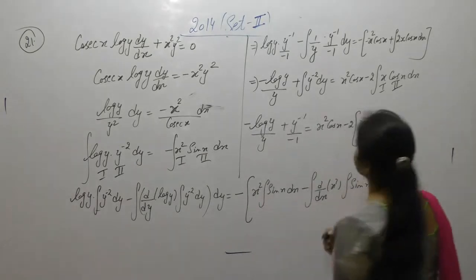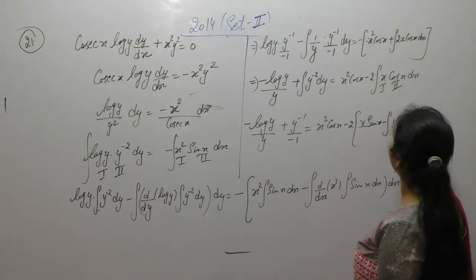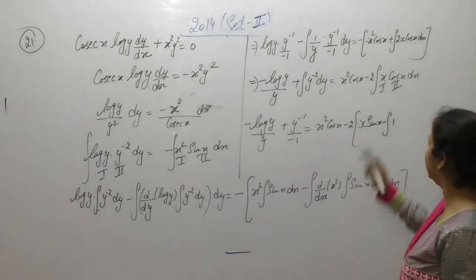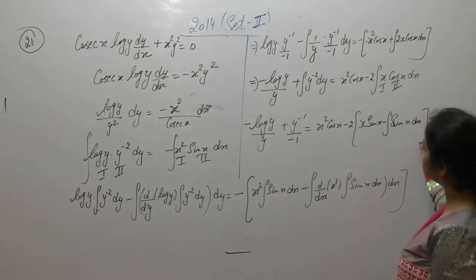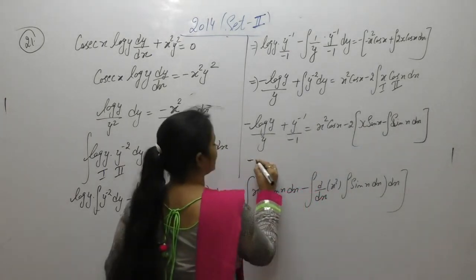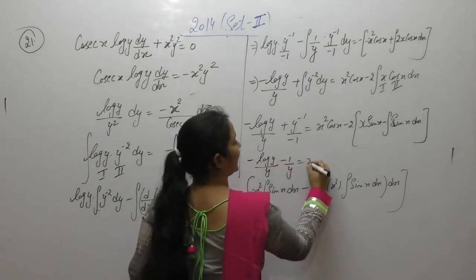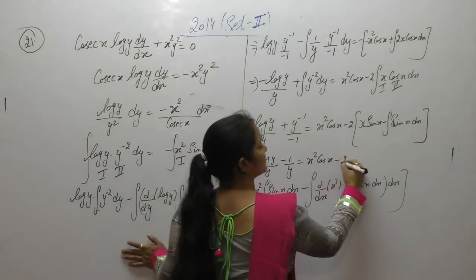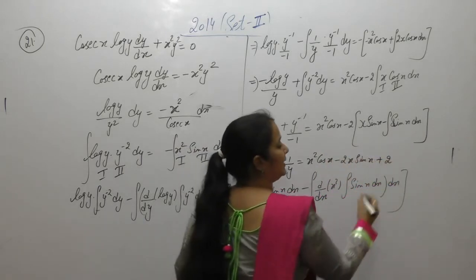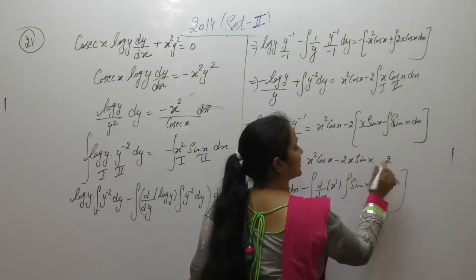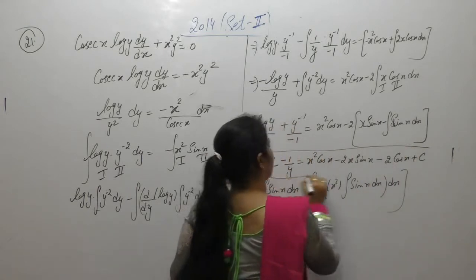First function as it is, integral of cos is sine, minus derivative of first, x is 1, integration of cos is sine. Minus log y upon y, minus 1 upon y, x square cos x minus 2x sin x, minus minus plus 2, integral of sine is minus cos x plus constant of integration, say c.